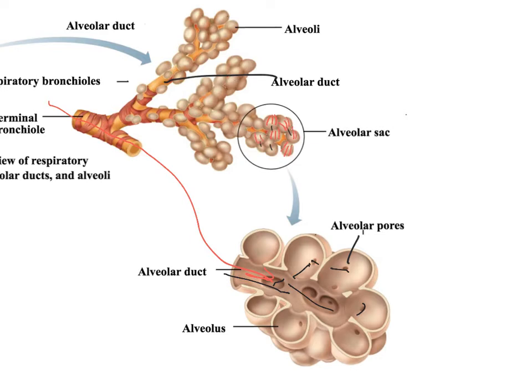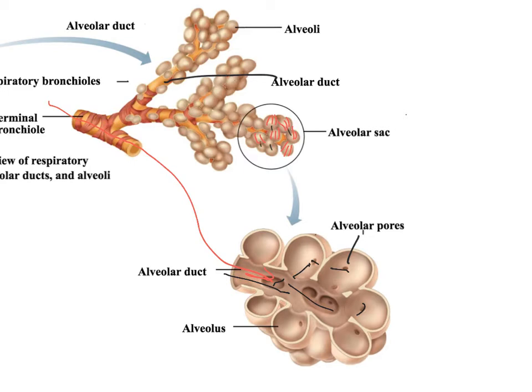So it looks something like that. Imagine that each of these alveolar sacs has a netting of capillaries that surrounds it, and blood runs through there. Then you have gas exchange between the blood and the air within the alveolus.